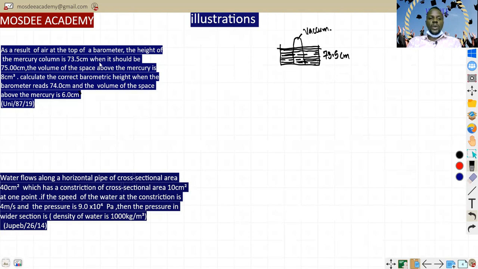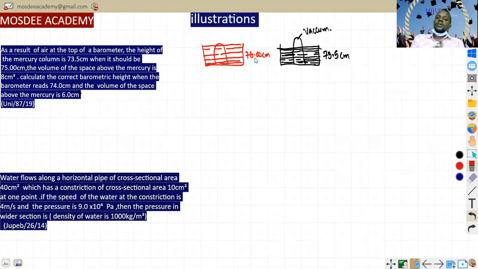So here we are told that it should be 75. That means normally, if we don't have any air on top of this, if it is filled normally, the height of this should be 75.00 centimeter according to the question.